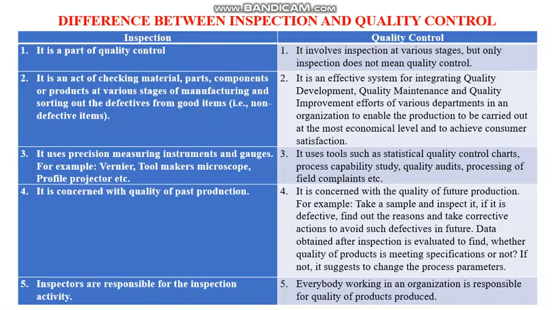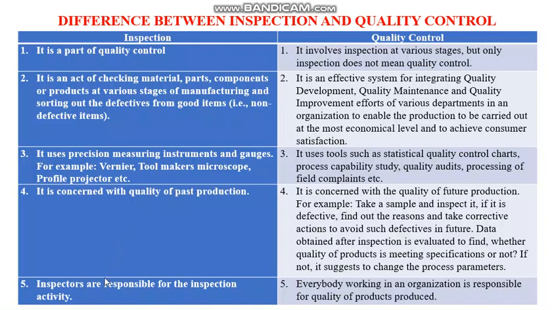And all these measurements are like data which is evaluated to find out whether the quality of the products is going to meet the specifications of design or not. If not, then quality control suggests what are the changes that are required for the process parameters. Okay, so it is a much broader term compared to inspection.